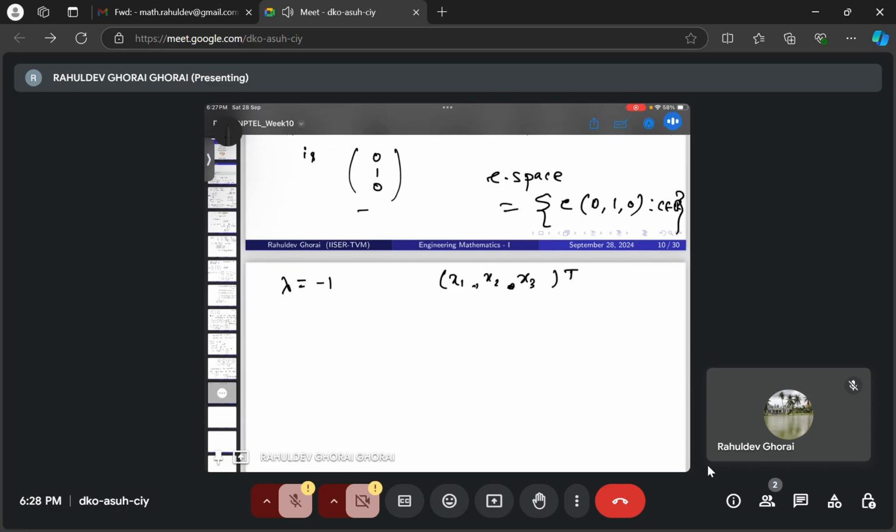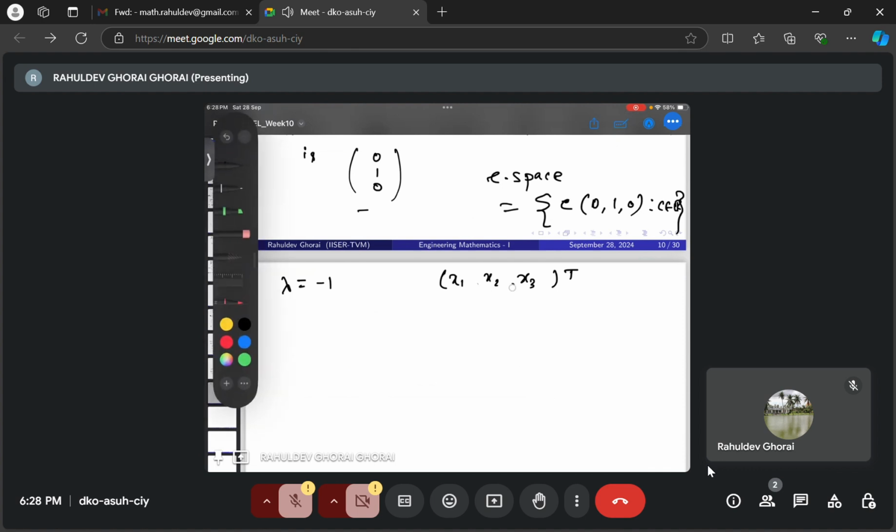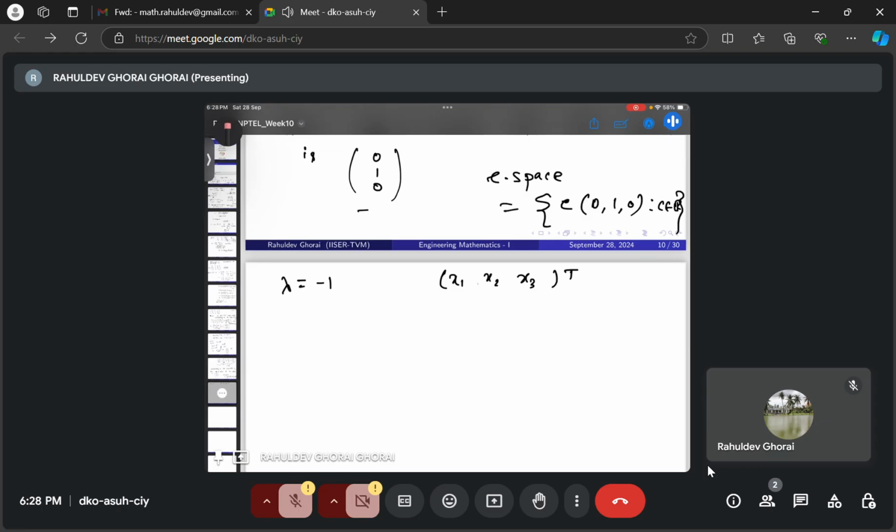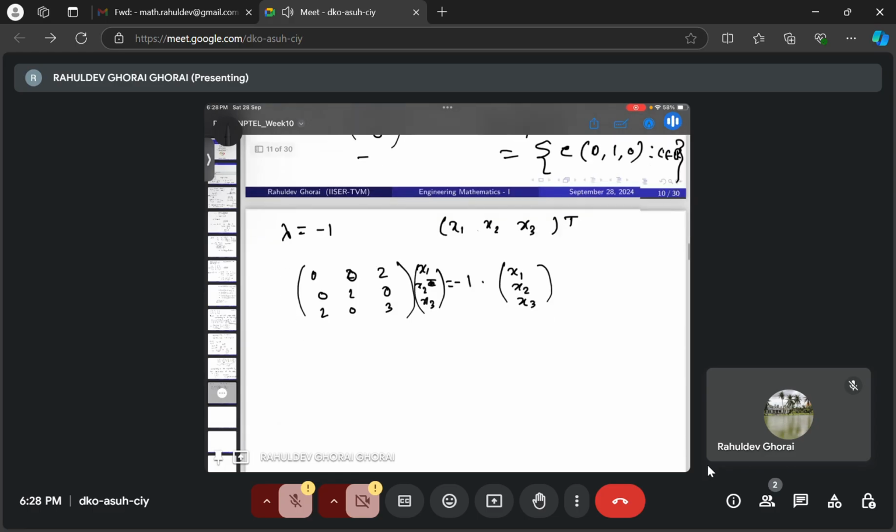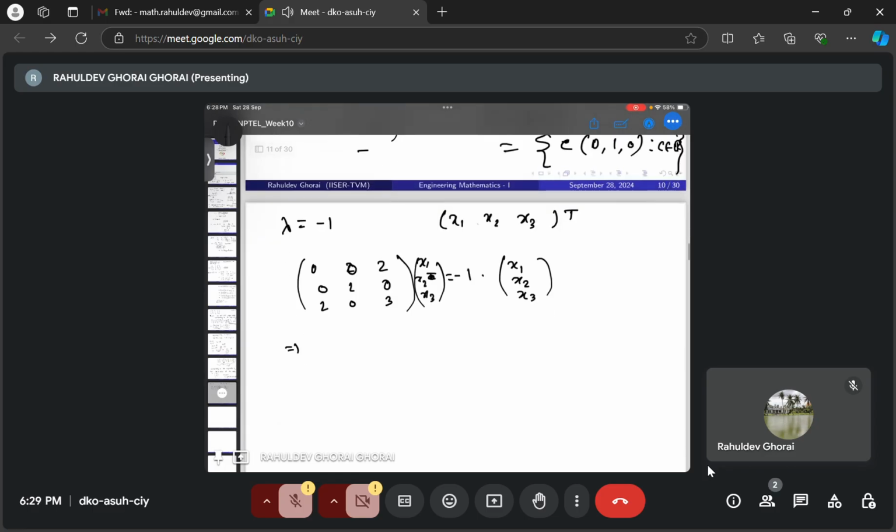Then the matrix 0 0 2, 0 2 0, 2 0 3 multiplied by x1, x2, x3 should be equal to minus x1, x2, x3. And if you multiply by this, then it should be 2x3.